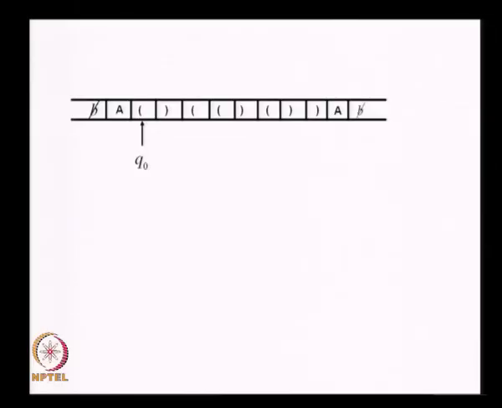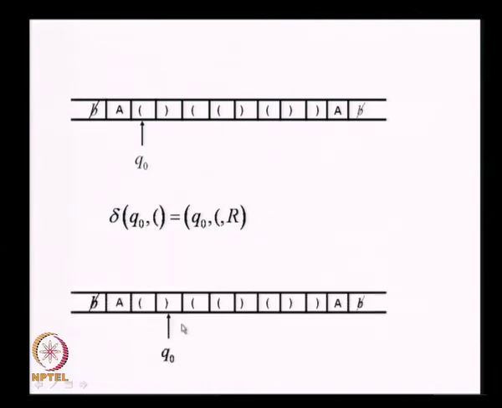Let us consider one more string and see how the parenthesis checker works on this string. This is the given string and it starts on this symbol in state q0, the left parenthesis, and it uses this mapping and moves right in state q0. So, the next ID becomes this.